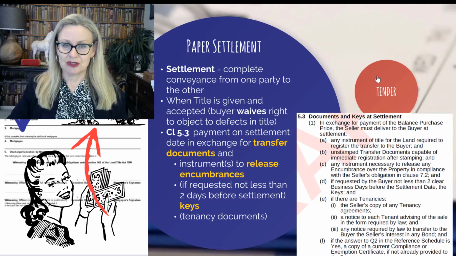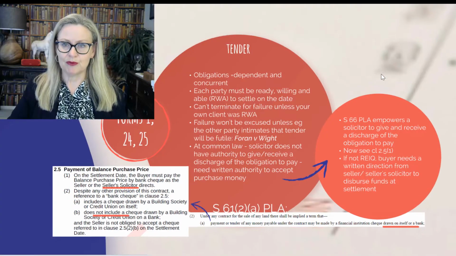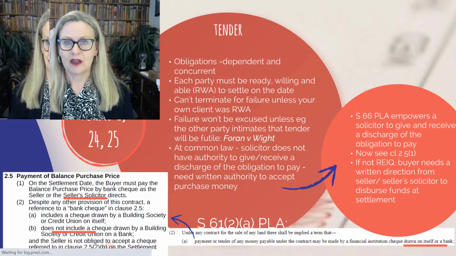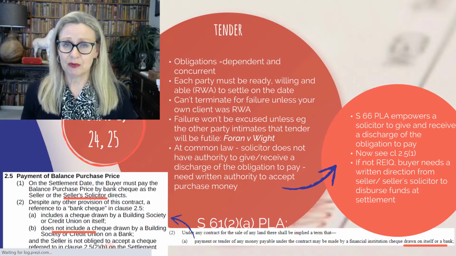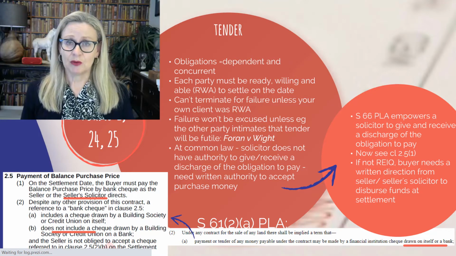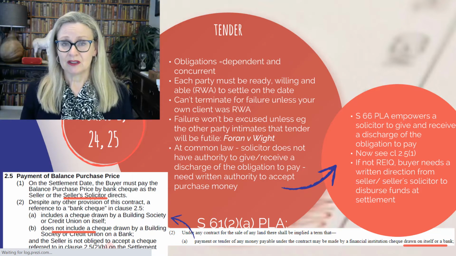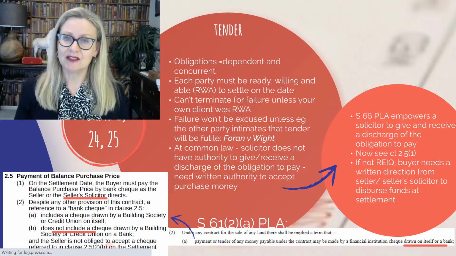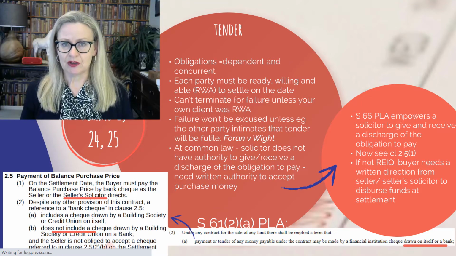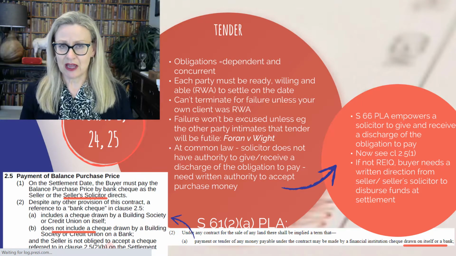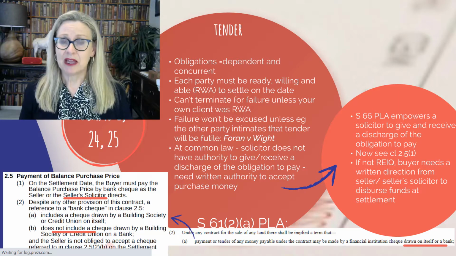Tender of settlement, obviously, is what is done by the parties as part of their performance of the obligations. Now, in your contract law unit, you would have discussed the issue of tendering performance and whether your obligations were independent or dependent and concurrent. In a settlement of a real property transaction, the obligations of the seller and the purchaser are dependent and concurrent, so they are both dependent on each other.